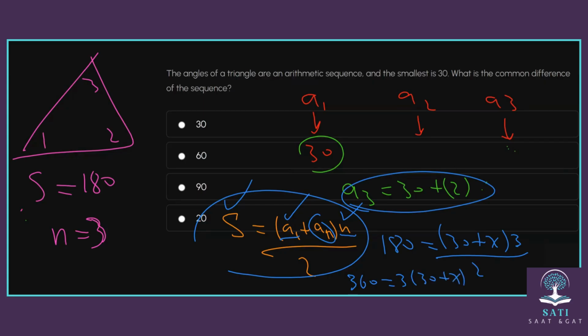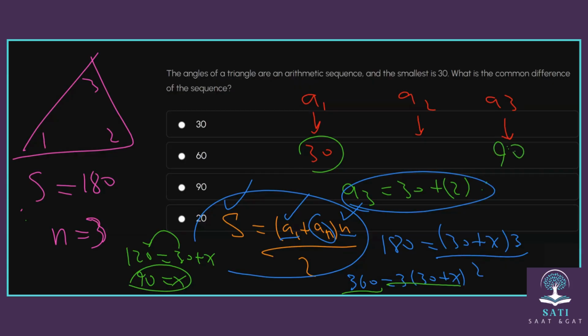Then divide both sides by 3, and you will get 120 equals 30 plus x. Send the 30 over, so 120 minus 30, which is 90, equals x. So this is now the last term. The last term here is 90.